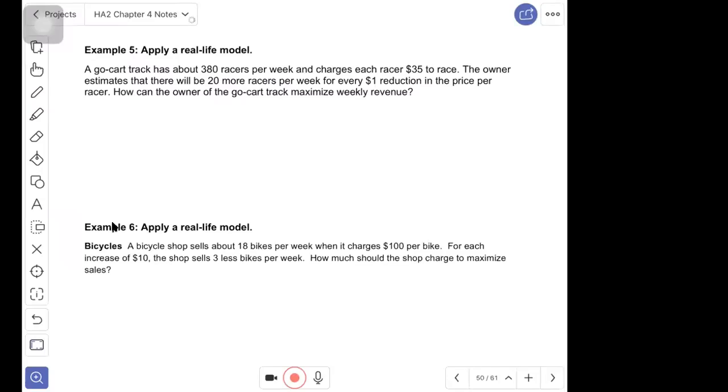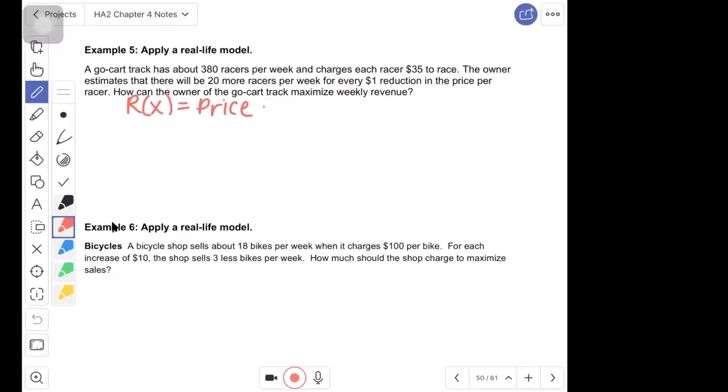So we know our revenue is price times how many racers we're going to have. So let's write this down. How much we'll make will be determined by how many racers we have times the price.